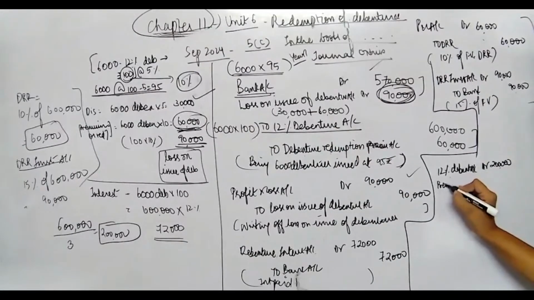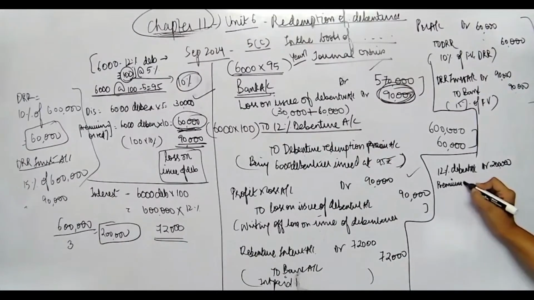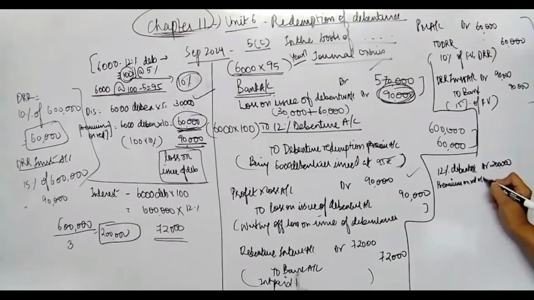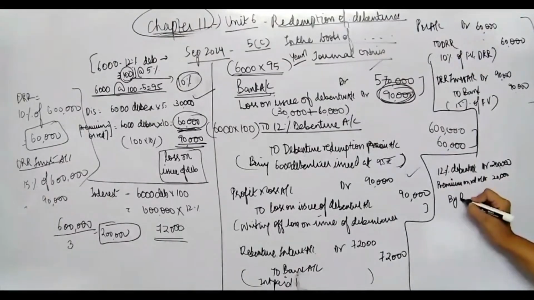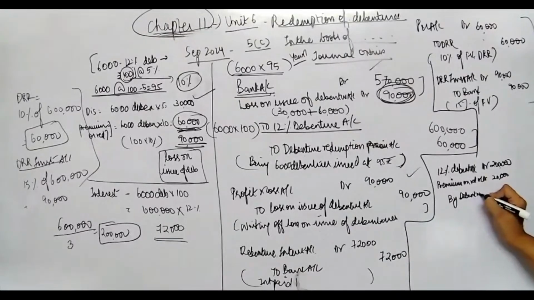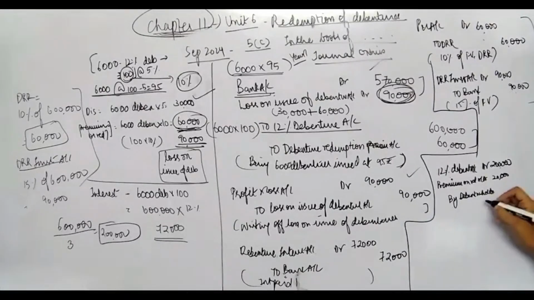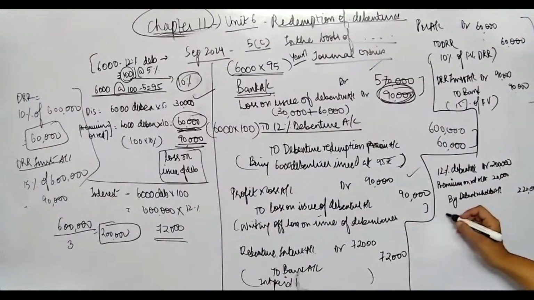On that, do you have redemption premium? Yes. Premium on redemption account debit will be 10%, 20,000, to the debenture holders. What will be the debenture holders value? Debenture holders value will be 2,20,000. Okay.